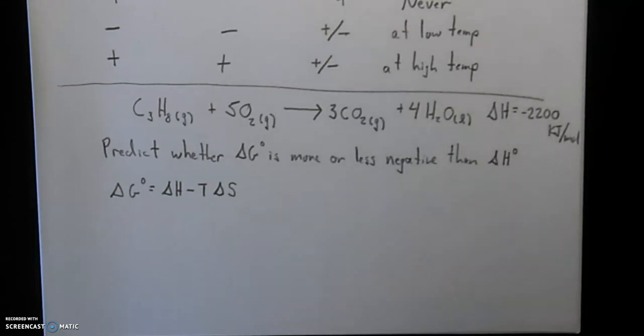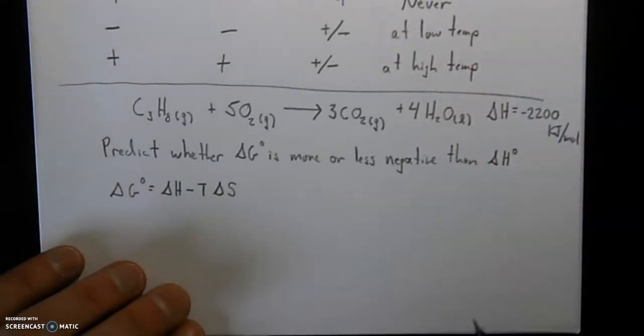You've got 1 mole of propane and 5 moles of oxygen, and they're both gaseous, so 6 moles of gases. After the reaction, I have 3 moles of gas, carbon dioxide, and 4 moles of liquid water. So what do you think? Is it becoming more organized or less organized? Is entropy decreasing or increasing?